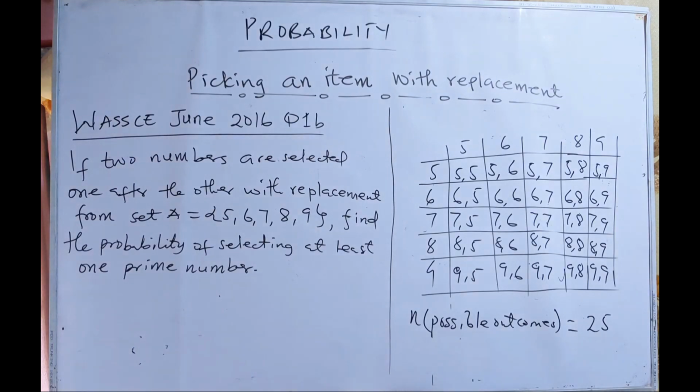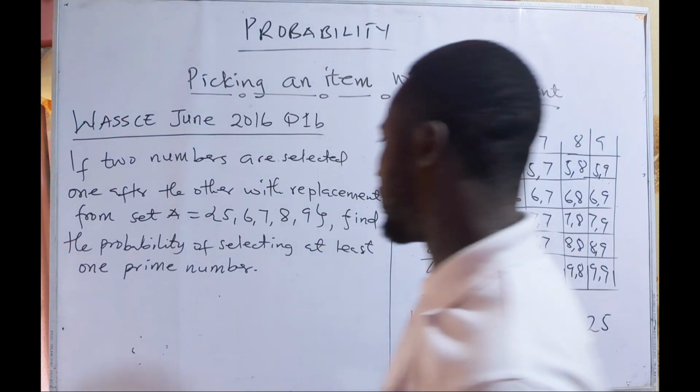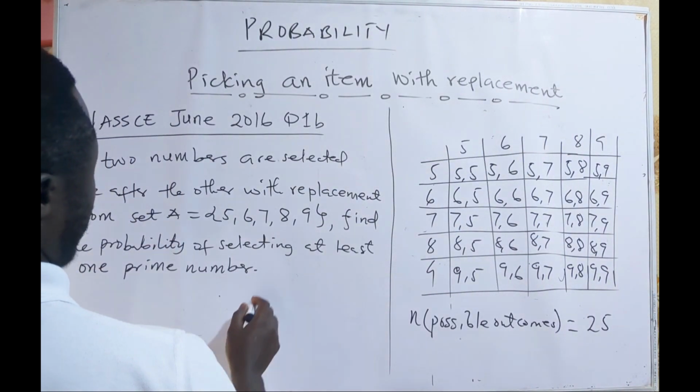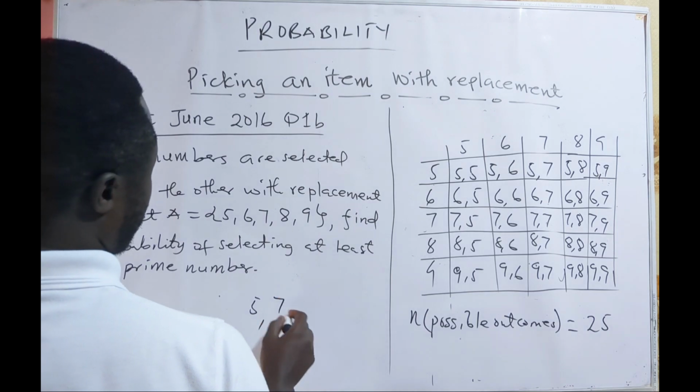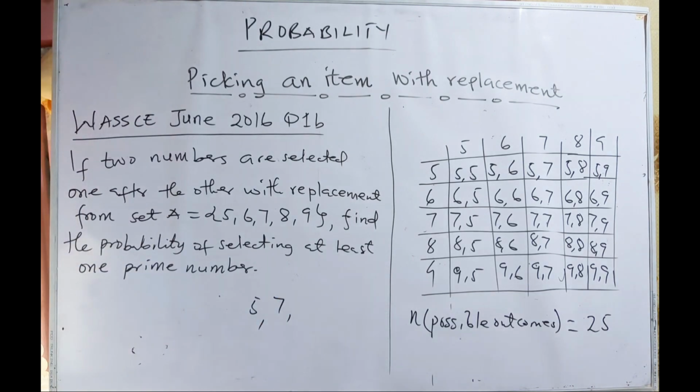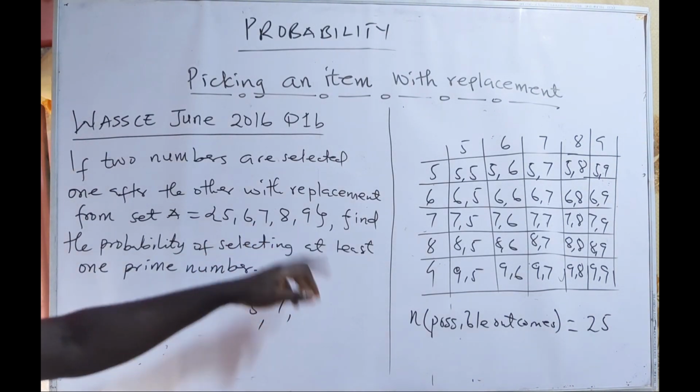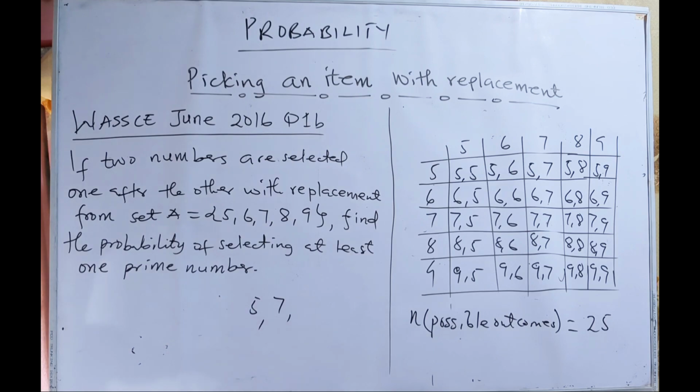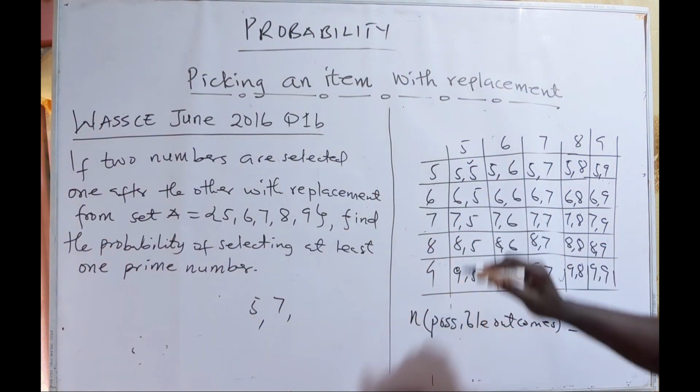What are our prime numbers from the set? 5 is a prime number, 7 is also a prime number. So only 5 and 7; 6, 8 and 9 are not prime numbers. So if it is at least one prime number, then I can have 5, 5.